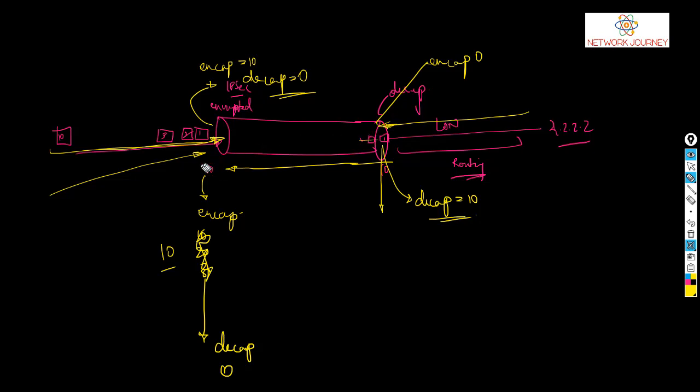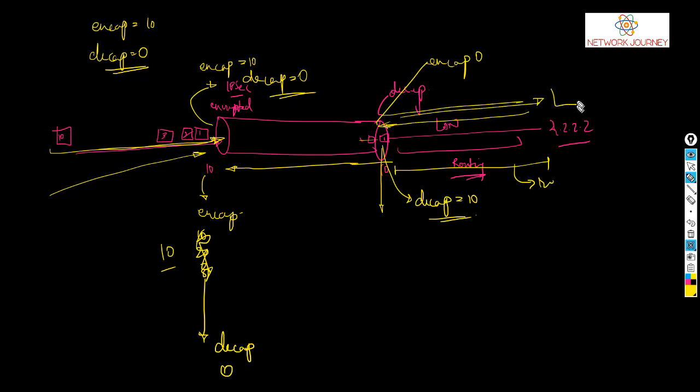Most of the time when you're troubleshooting, you will see encaps increasing but decaps showing 0. So don't conclude the VPN is good, because there could be a routing issue on the second side, so your traffic is not hitting the destination.